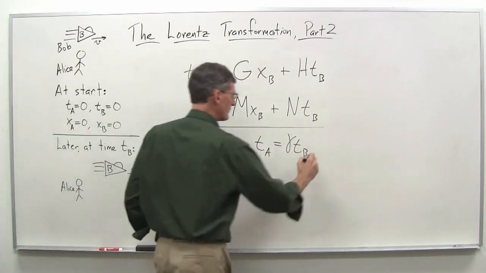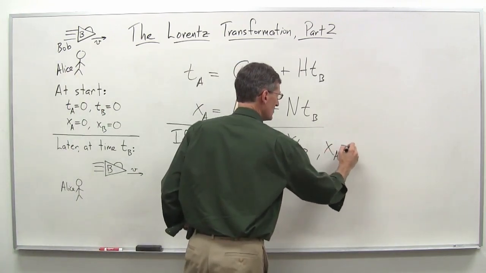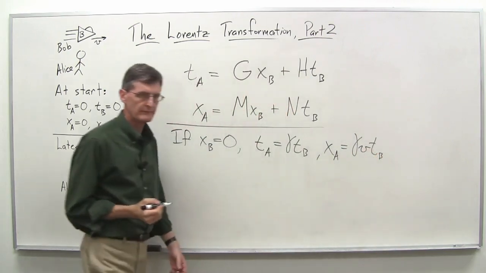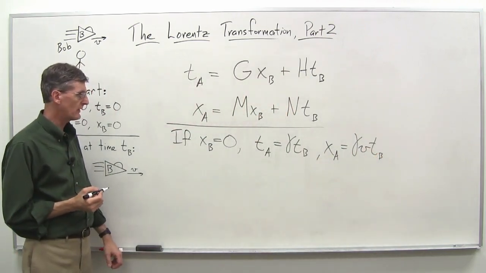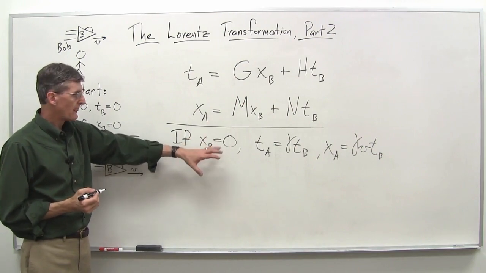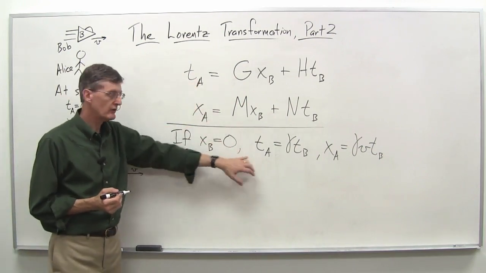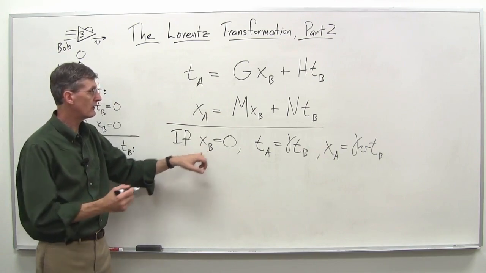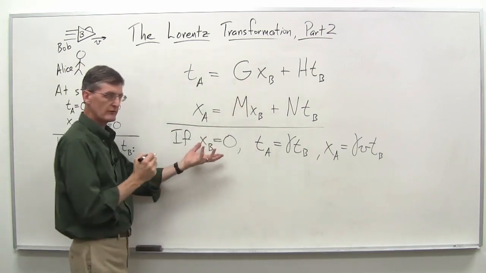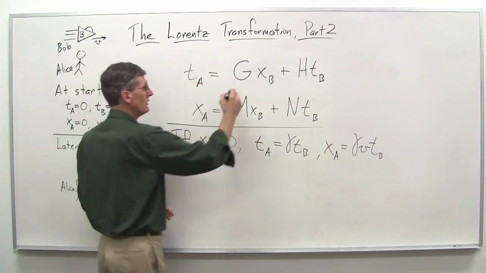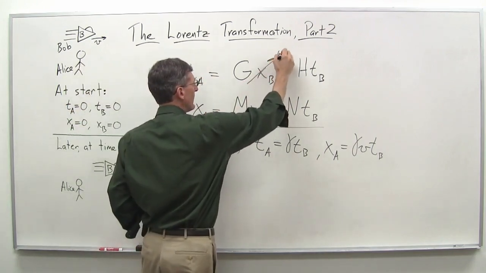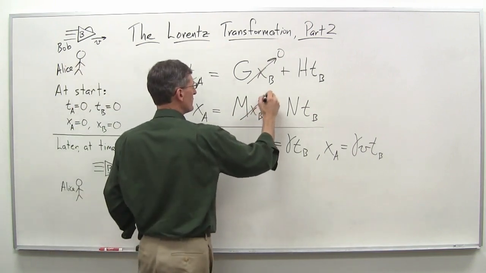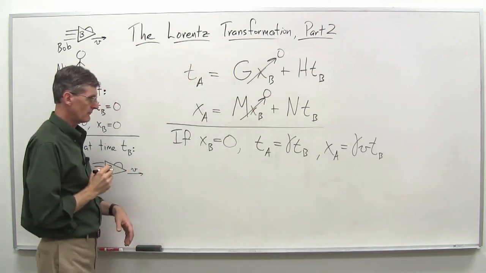And we know that XA equals gamma V TB. Those were the two equations we came up with. And as we said before, these equations have to match these for this special case. So if XB equals 0, if we take this and plug it into our equations here, that goes to 0 for this special case. This term goes to 0 for this special case.